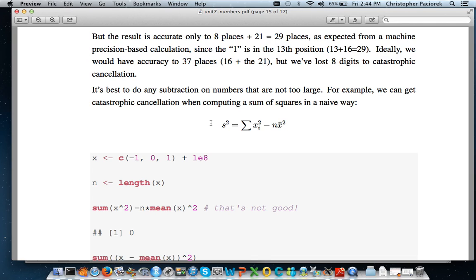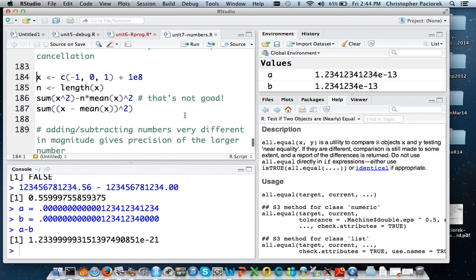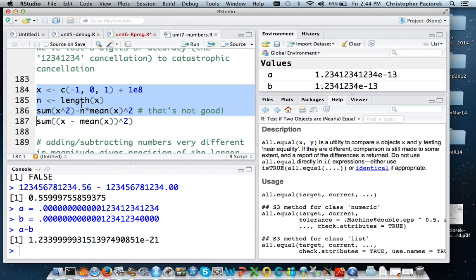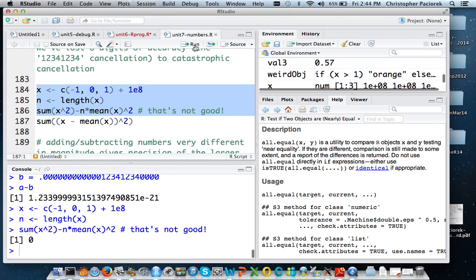Okay, so I can go ahead and do that, and if I do the calculation, go back to R here. I get that the sum of squares is 0. Even though obviously what I'm calculating is the sample standard deviation of basically the numbers minus 1, 0, and 1.